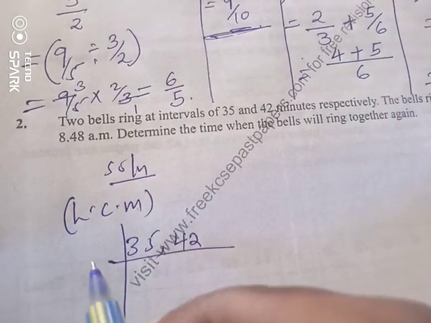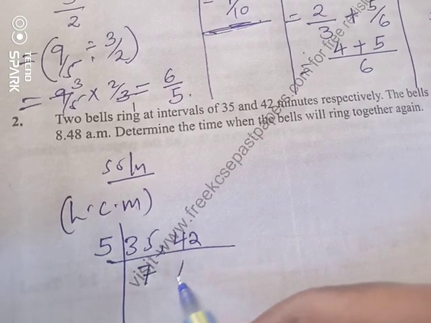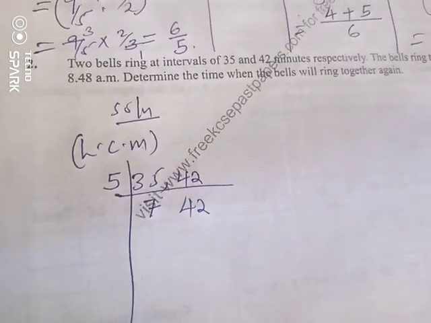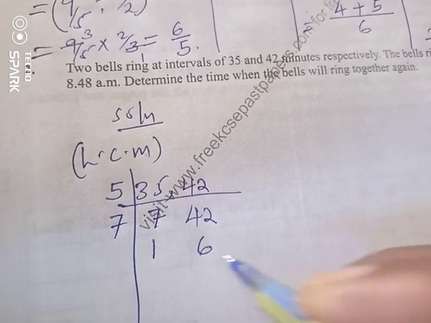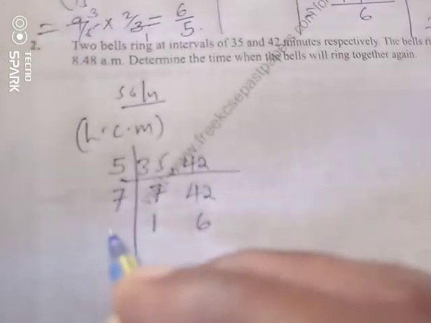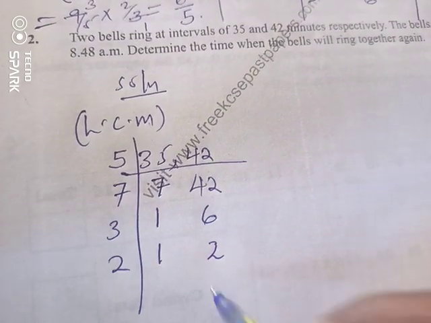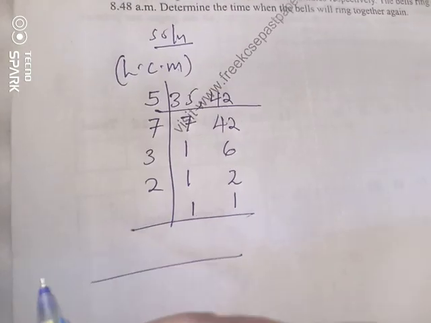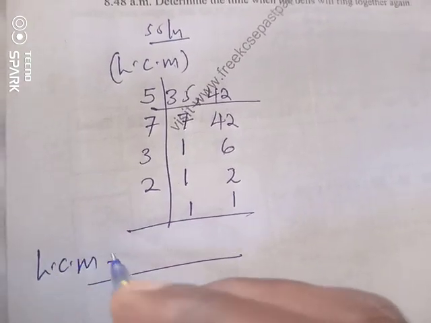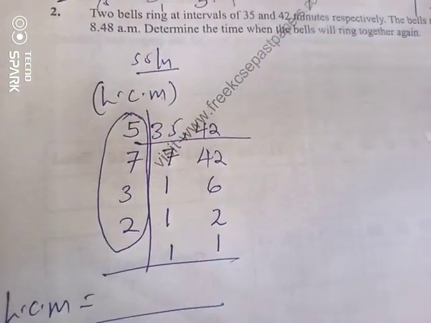So common factor, of course, 5 goes into 35, 7. Of course, it does not go into 42, so we drop it there. 7 goes into 7, 1, and into 42, 6. Then 3 goes into 6, 2, then 2, 1. So what is our LCM here? Therefore, the LCM becomes the product of the prime factors here.